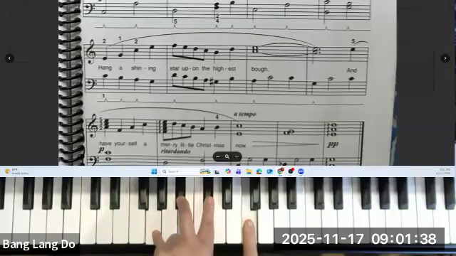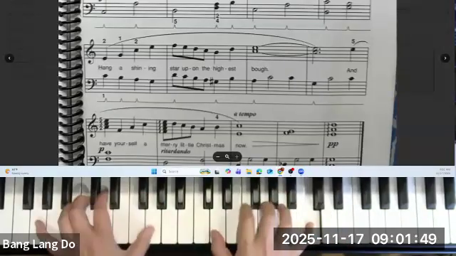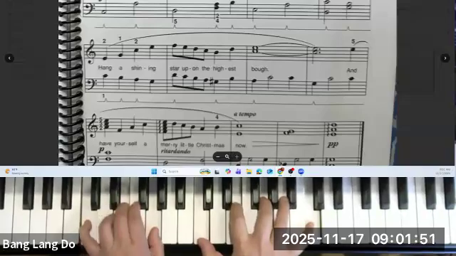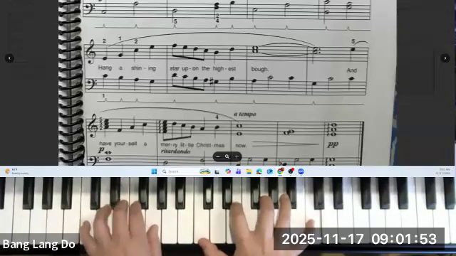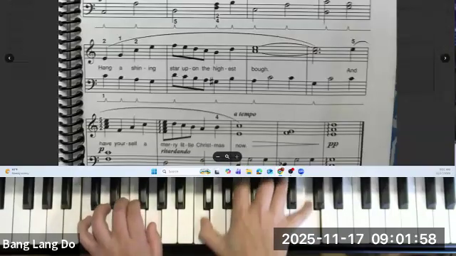We flat the 5, that note. So it makes it more interesting than just G7, right? So we go C, G, half diminished.